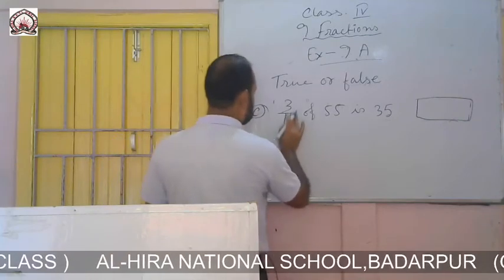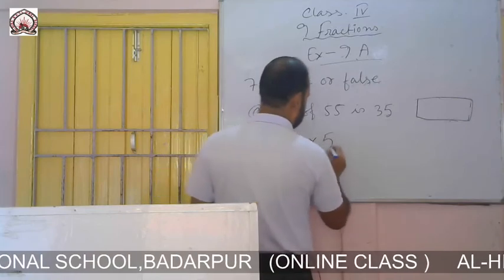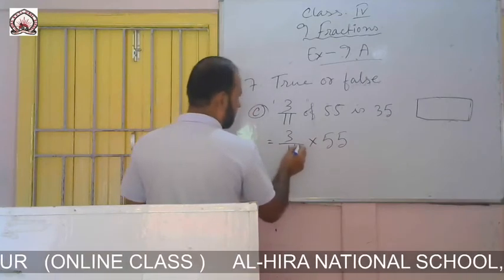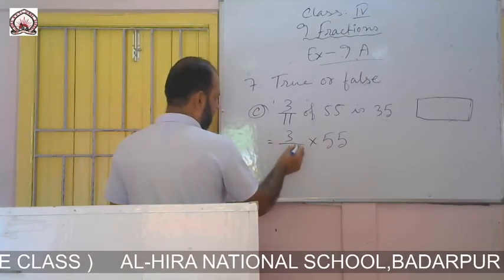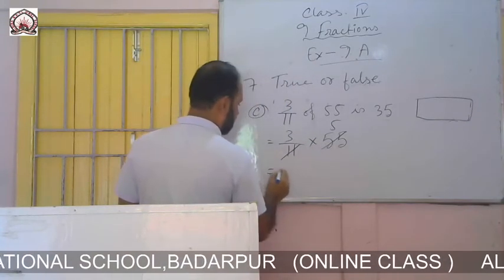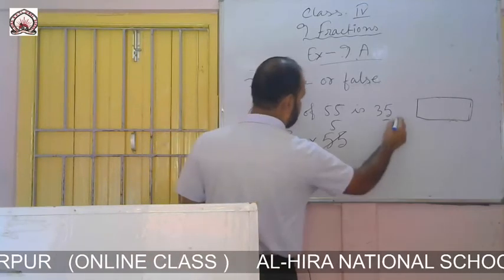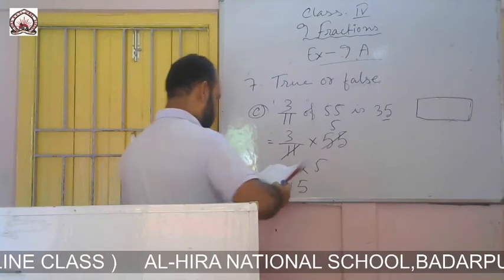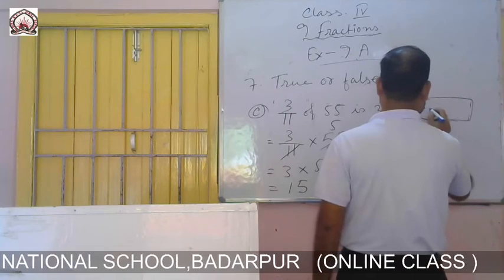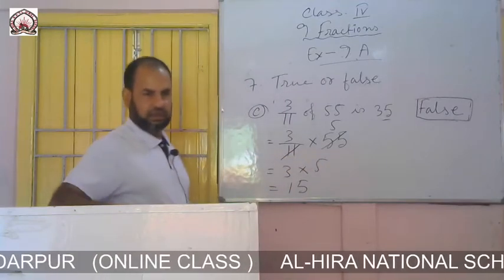So here 3 by 11 into 55. If we cut, 11 ones are 11 and 11 fives are 55. So here 3 into 5 equal to 15. But there it is 35, so it doesn't match. Then it is false.